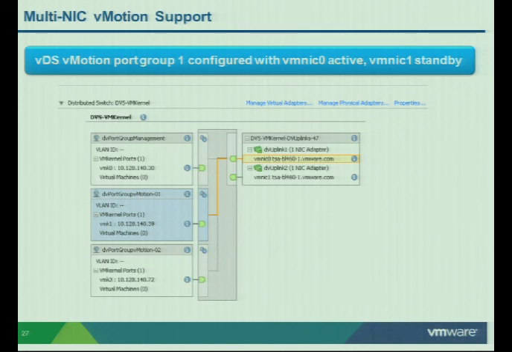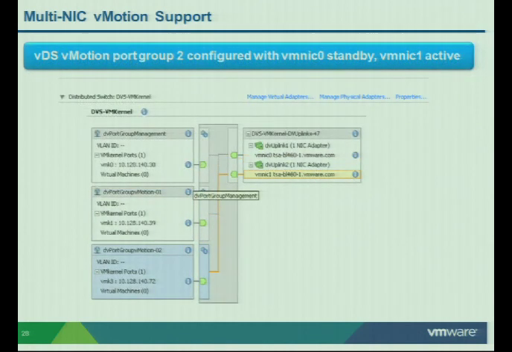We'll set one VM NIC to active and set the second or any subsequent VM NICs to standby. On the next port group, we would do exactly the opposite. That's all the configuration that's needed. Again, this is a vSphere 5 feature. But with this configuration, we were able to see about a 100% success rate in DAG node vMotions without having databases actually fail over.